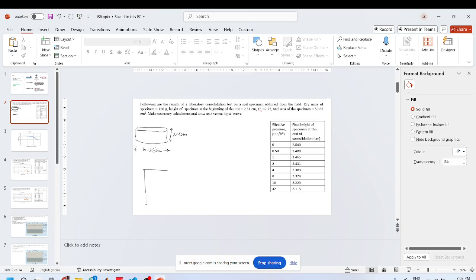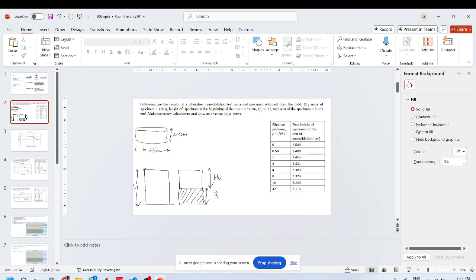So in your phase diagram, if this is your sample of height H, we take the height of solids method, in which this will be the height of solids and this will be the height of voids.